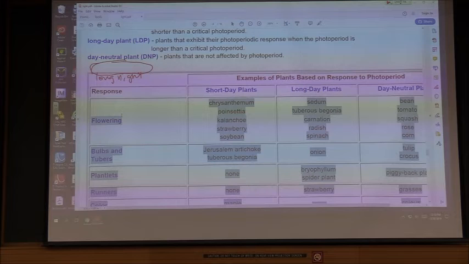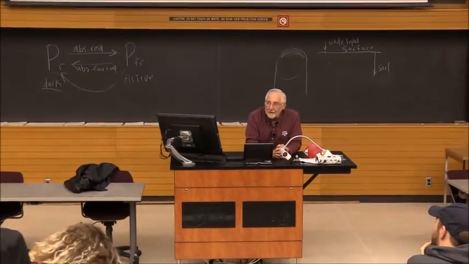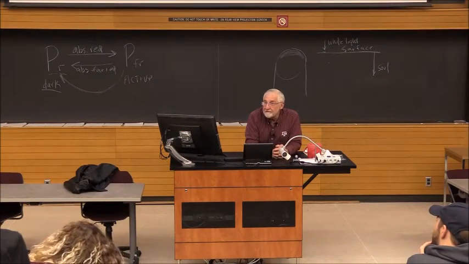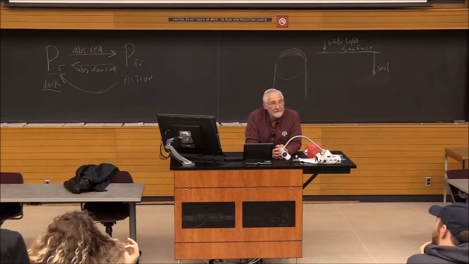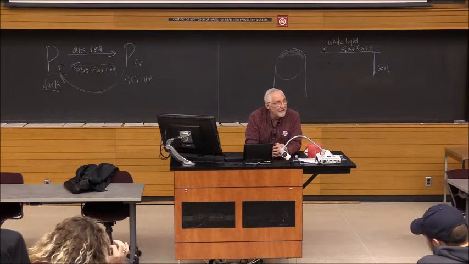So, what do you live in? Do you live in a short day environment or a long day environment? In the wintertime, the days are short and the nights are long, but not in your house. Where you live is always long days. Every building you go in makes it long days. Every street light makes it long days.